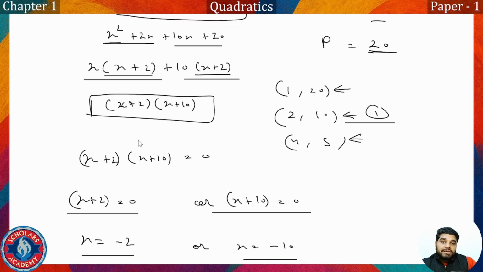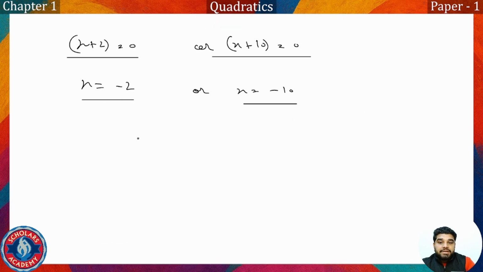And if I need to verify this, I'll check that the polynomial p of x, which was x square plus 12x plus 20.